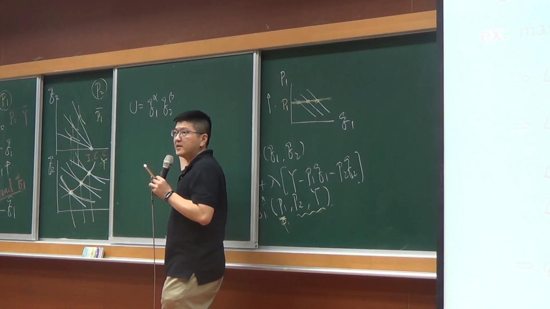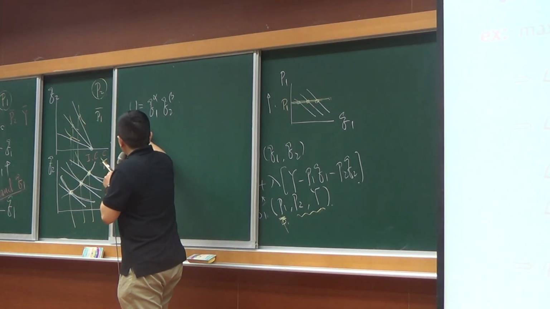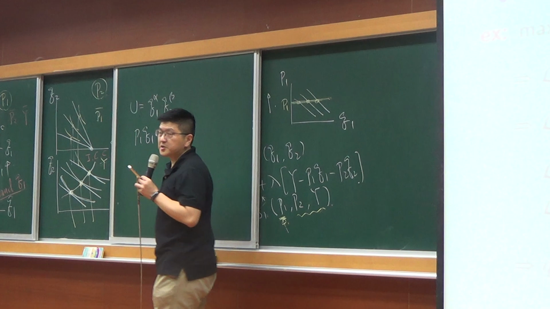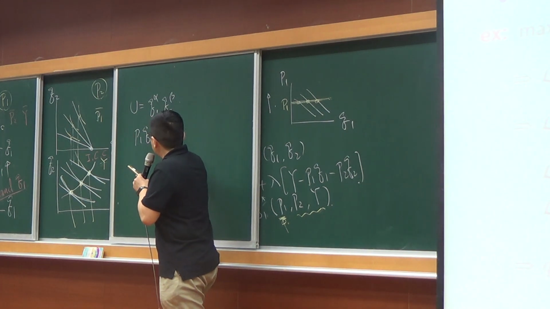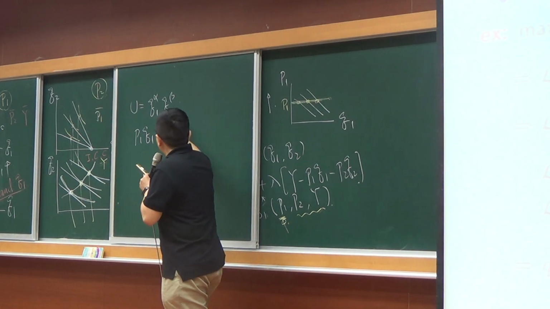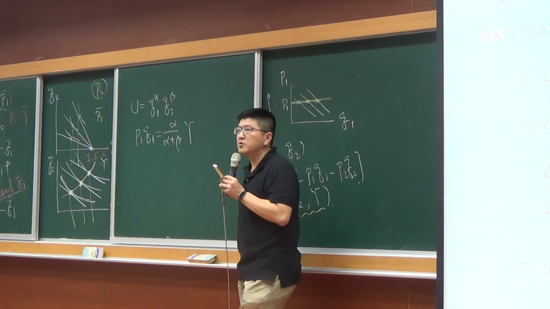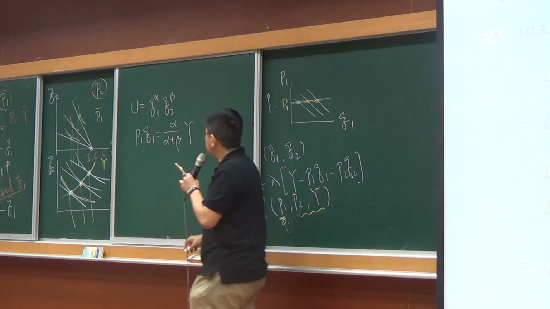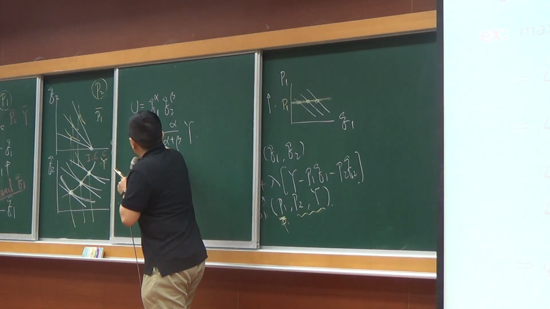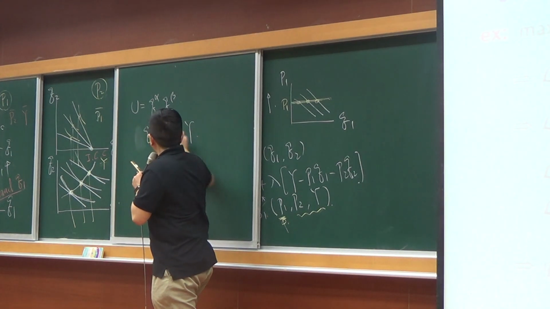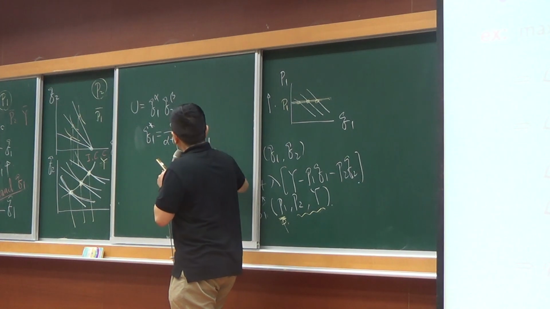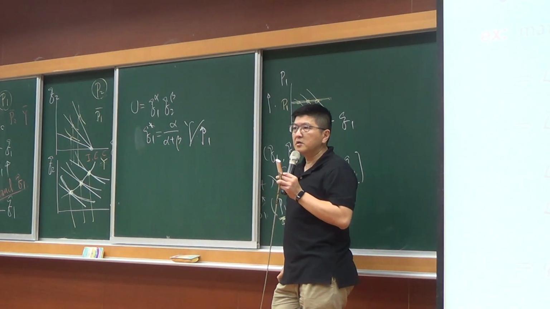So P1 Q1 is the expenditure on good 1, which would be this proportion of total income. So the equilibrium will look like this, right?